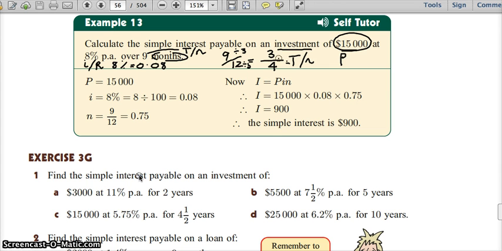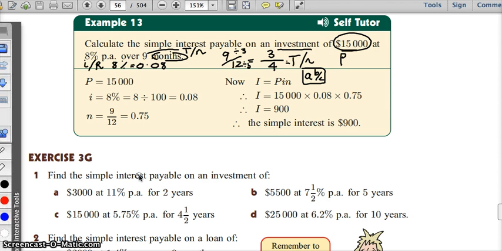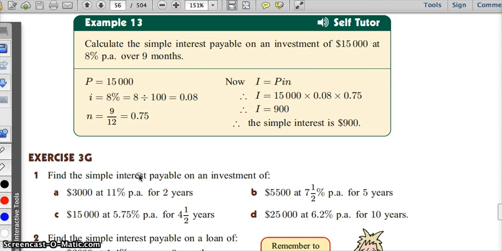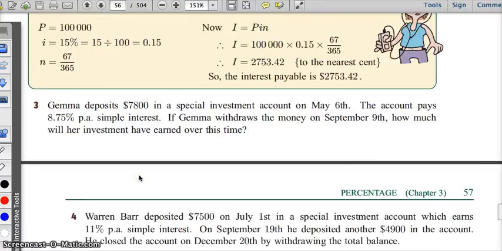You can do that on your calculator, of course. 3 divided by 4 is 0.75, or you can do it as a fraction using the button we've discussed. With simple interest, you'll need to read the question carefully. Are they asking you for the interest paid, or the total amount paid out? I'll try and locate some of those questions for you.